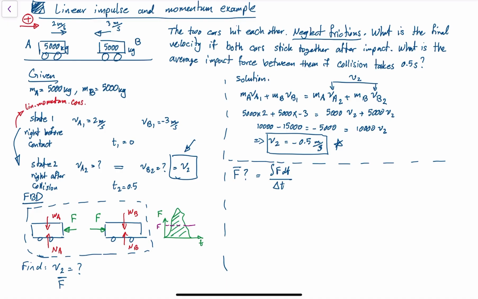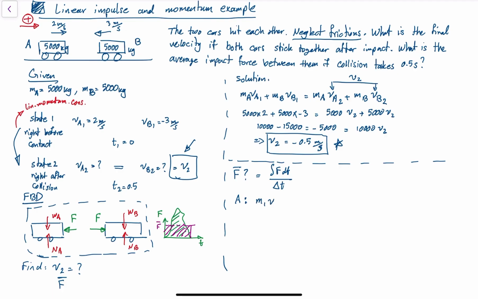Finding some F bar such that the area of this curve is the same as the area of the original F. So this top part is calculable from the linear impulse and momentum. I can look at either of the two cars. So let's look at A.